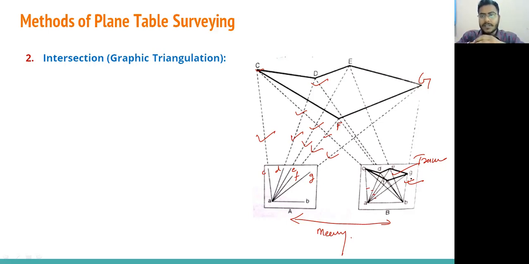For the intersection, we should take the plane table at two adjacent stations, right? So we'll get the intersection. So this method we can use where we are able to keep the plane table at two stations at least. So we can do this intersection.